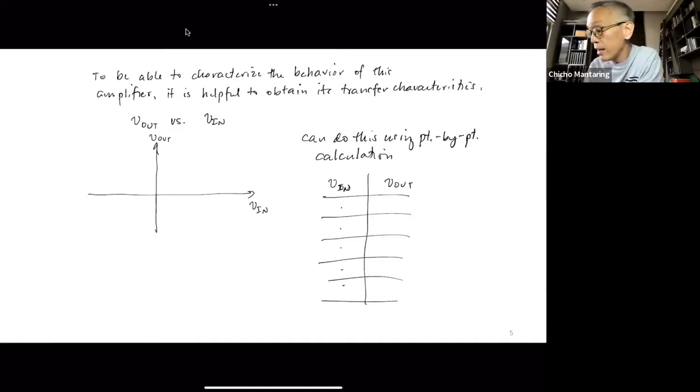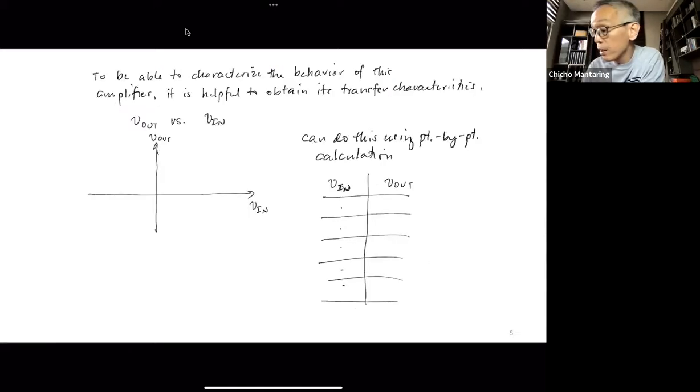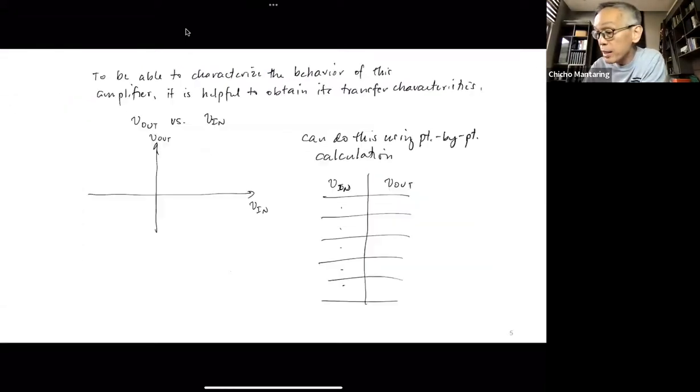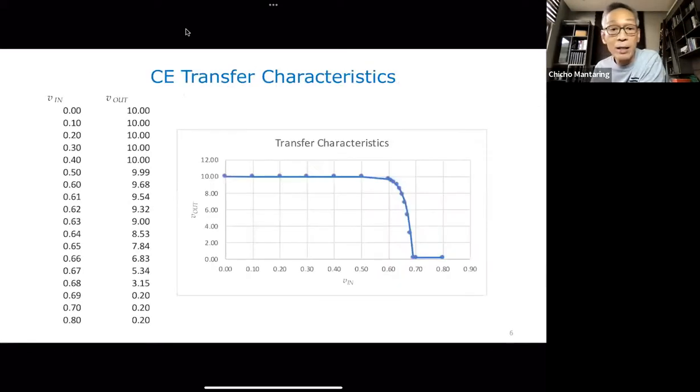Now, we already started that here. This is the start of our point by point calculation, but I actually did it here using repeated calculations. So this is how the transfer characteristic of this simple common emitter amplifier looks like.